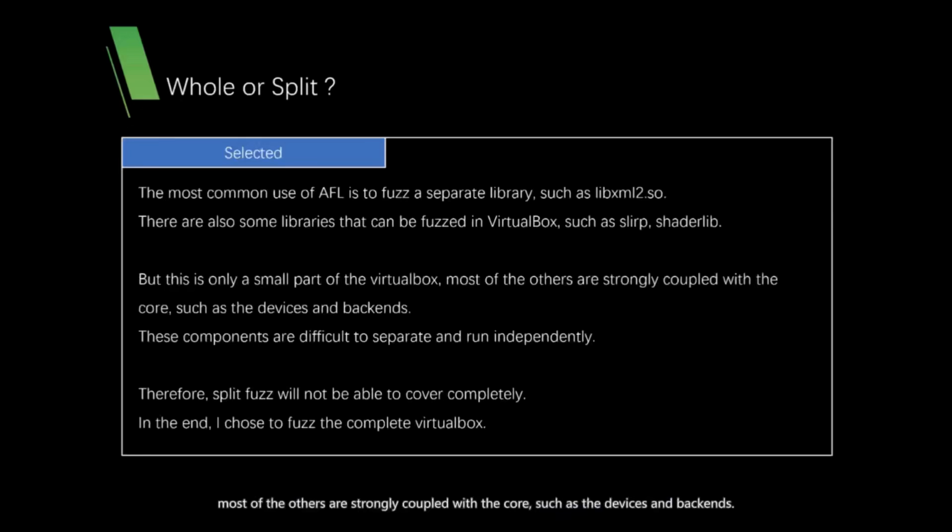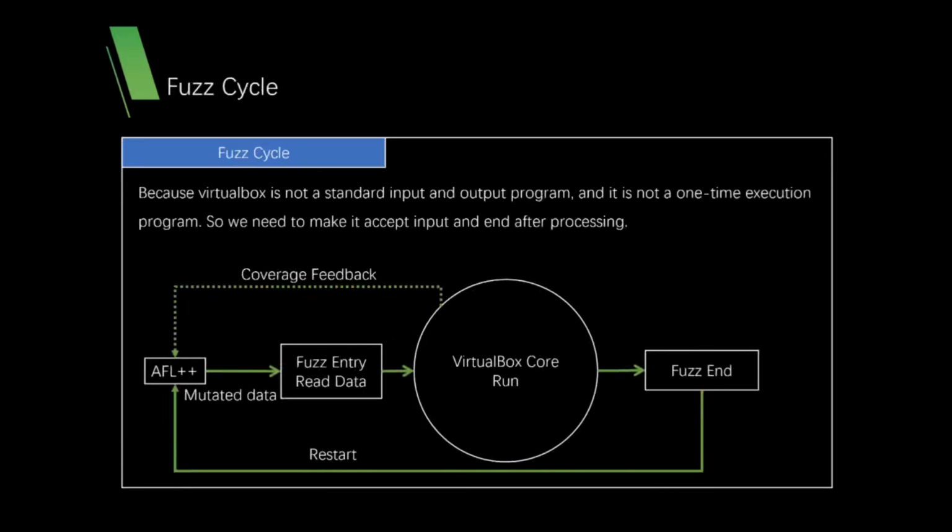Most of the others are strongly coupled with the core, such as the devices and the backend. These components are difficult to separate and run independently. Therefore, split files will not be able to cover them completely. In the end, I chose to fuzz the complete VirtualBox.